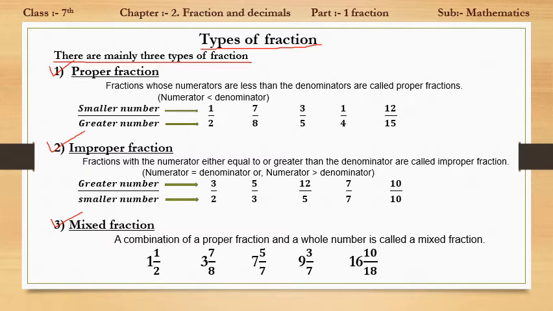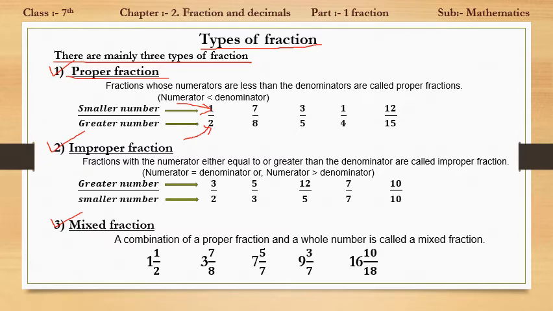So the first is the proper fraction. Fractions whose numerator is less than the denominator are called proper fractions. It means in proper fractions, the denominator is a greater number than the numerator. That's why in proper fractions, the denominator is always greater than the numerator.